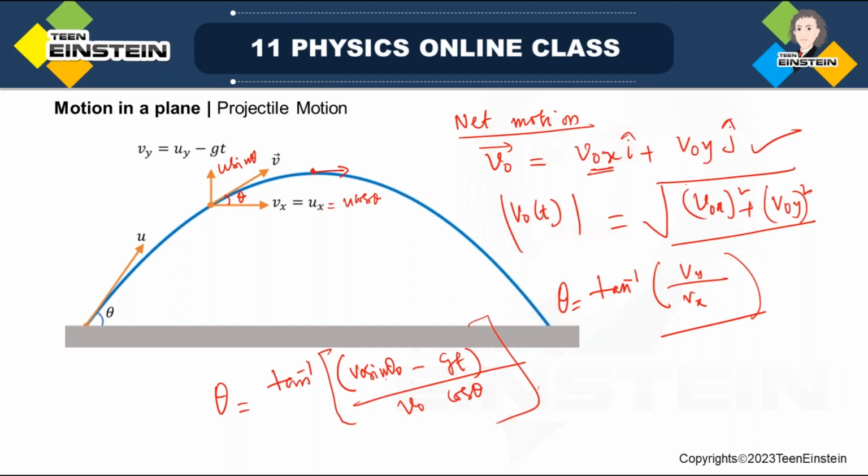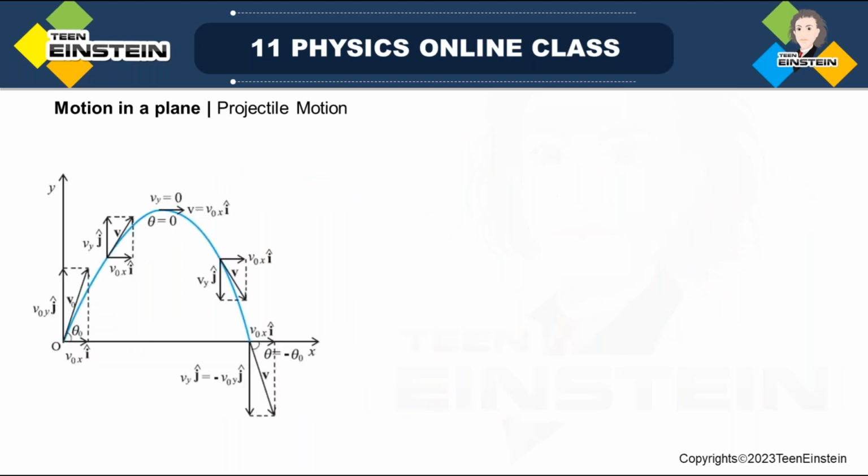Now we'll see what will be the change in the linear momentum. What will be the change in the linear momentum? So velocity and change in the linear momentum we will find out now. See, initial velocity we have already found out.